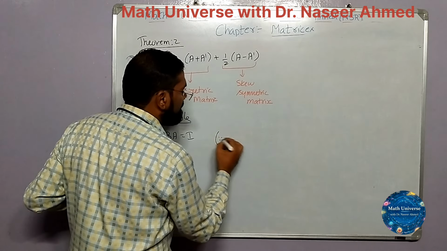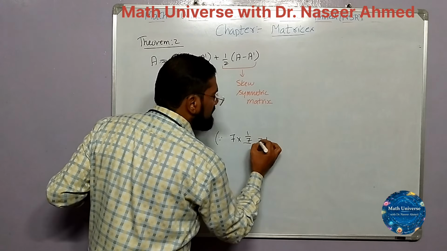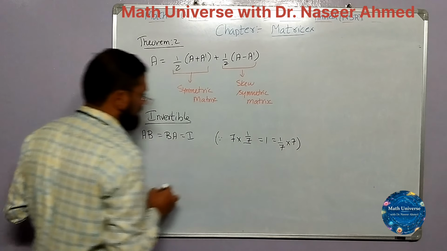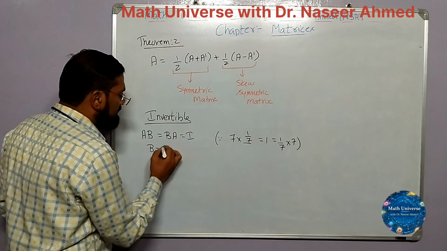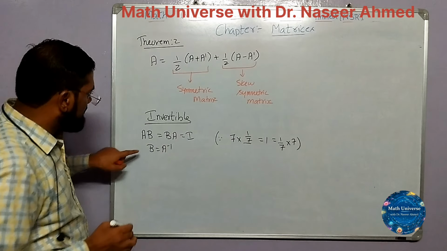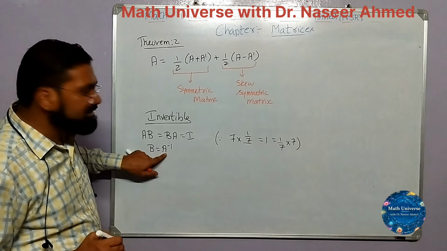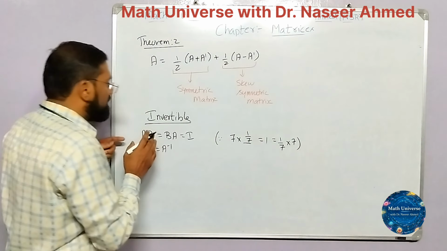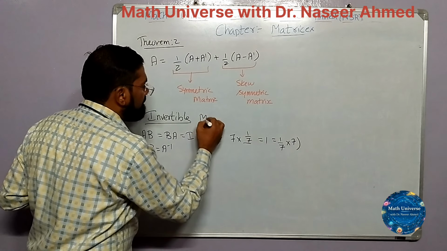If I have 7, what should I multiply here to get back 1? It is 1 by 7. Similarly, 1 by 7 into 7 will be 1. And we denote this B as A inverse. So in place of B, we write inverse of A. So B is inverse of A, and both A and B are square matrices. So this will be the definition for invertible matrix.